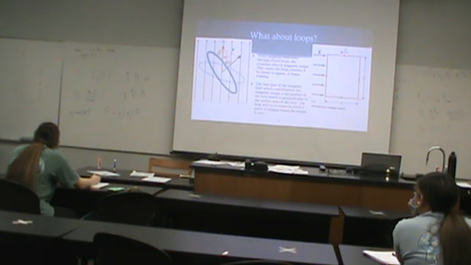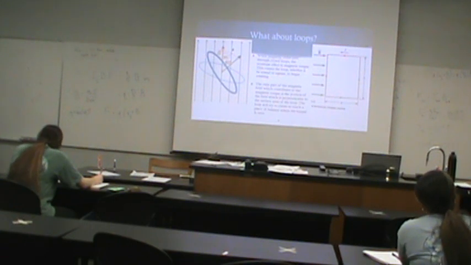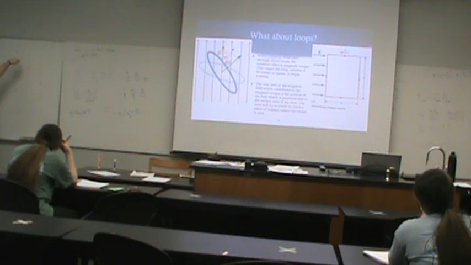So on either part of the loop, only looking at top or bottom, ignoring the sides for a second, the forces would be in opposite directions. So at top, the loop would be pushed that way. At the bottom, the loop will be pushed this way.